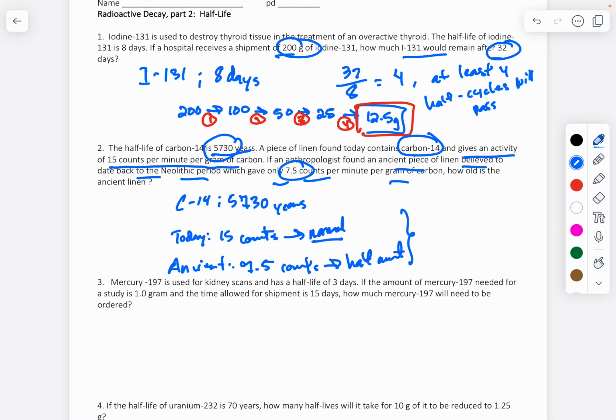So it looks like the ancient cloth linen will be at least 5,030 years old. That's because the count has dropped to 1/2. So yep, it has to be that. Okay, next one.